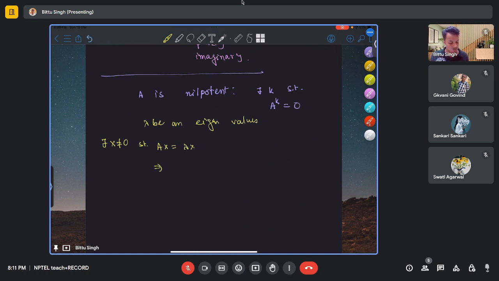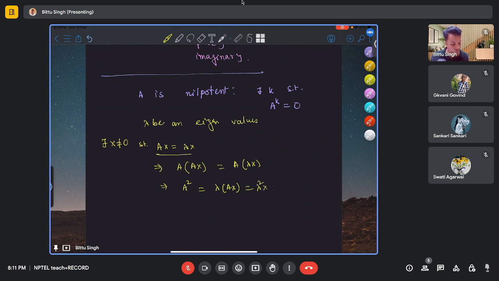Now apply another A, that is, multiply by A. So this will give A squared x equal to lambda times Ax. But lambda times Ax is the same as lambda times lambda x by this definition.